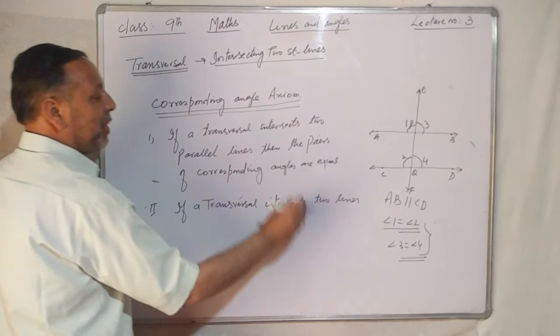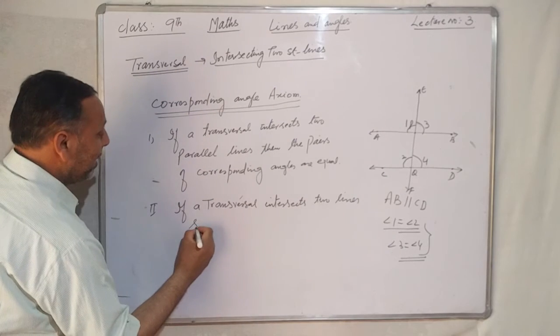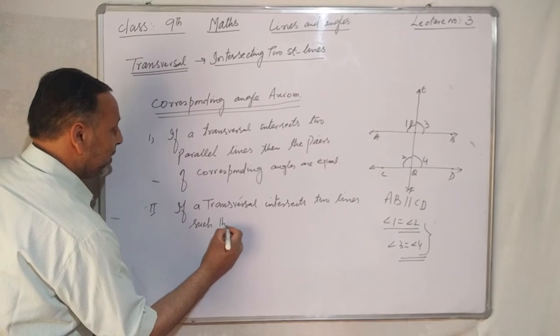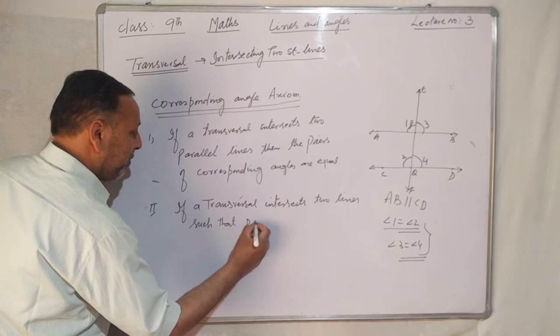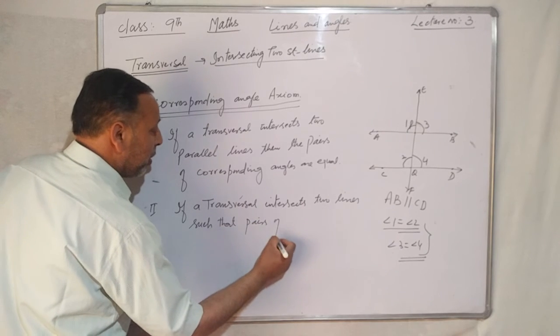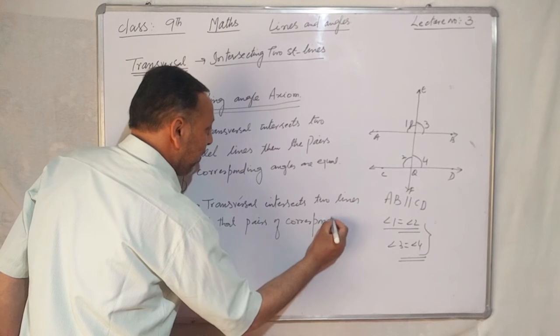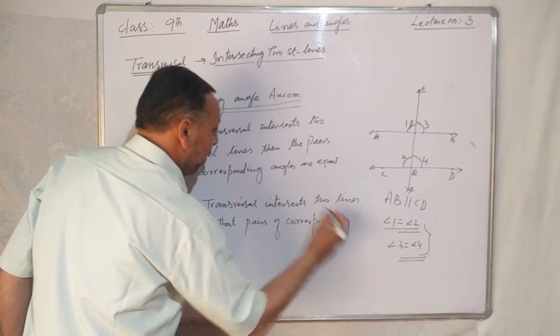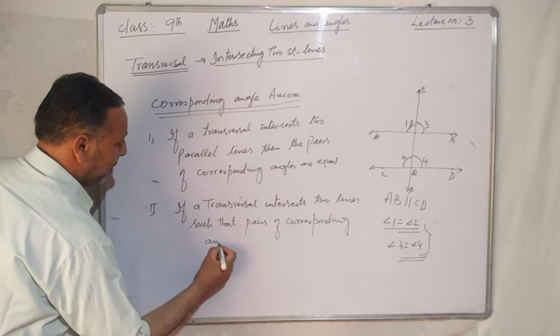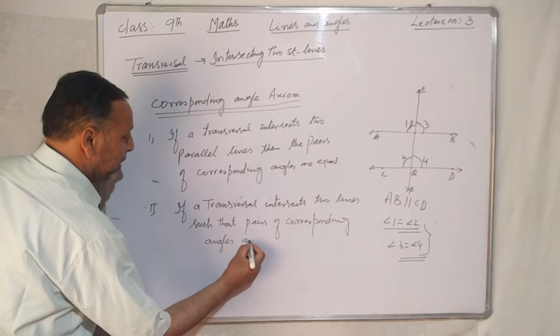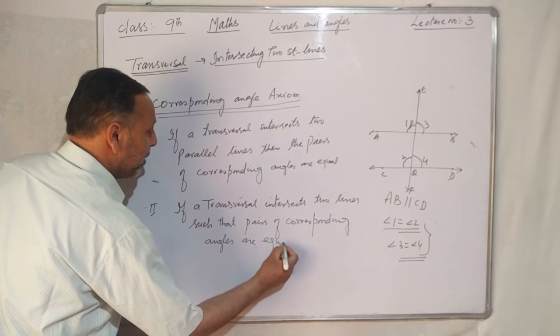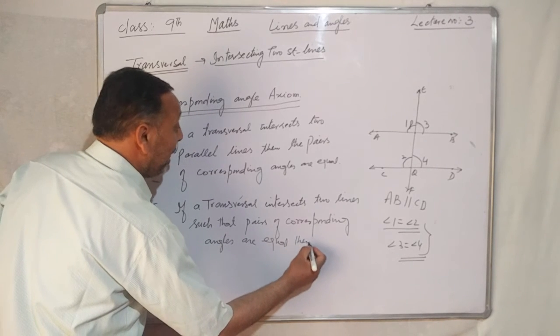If a transversal intersects two lines such that pairs of corresponding angles are equal, then the lines are parallel.